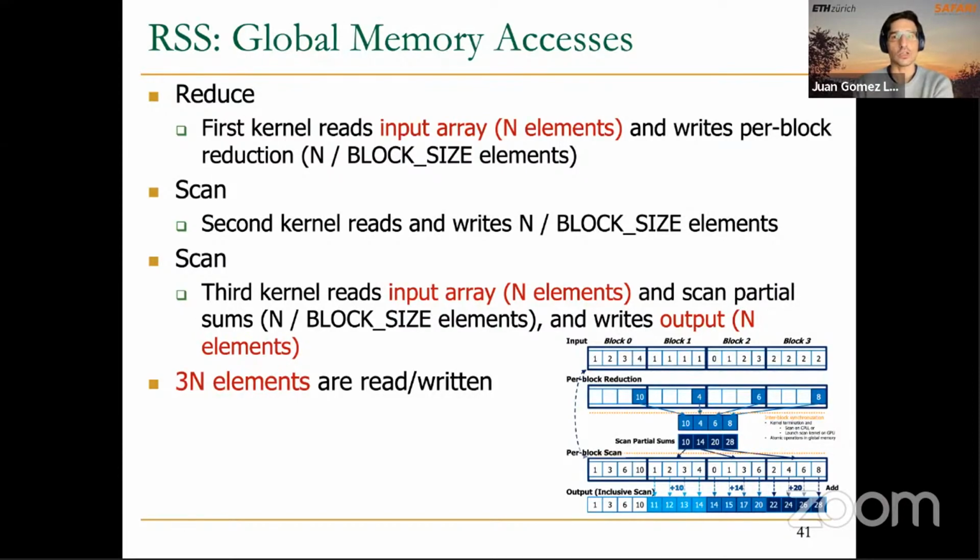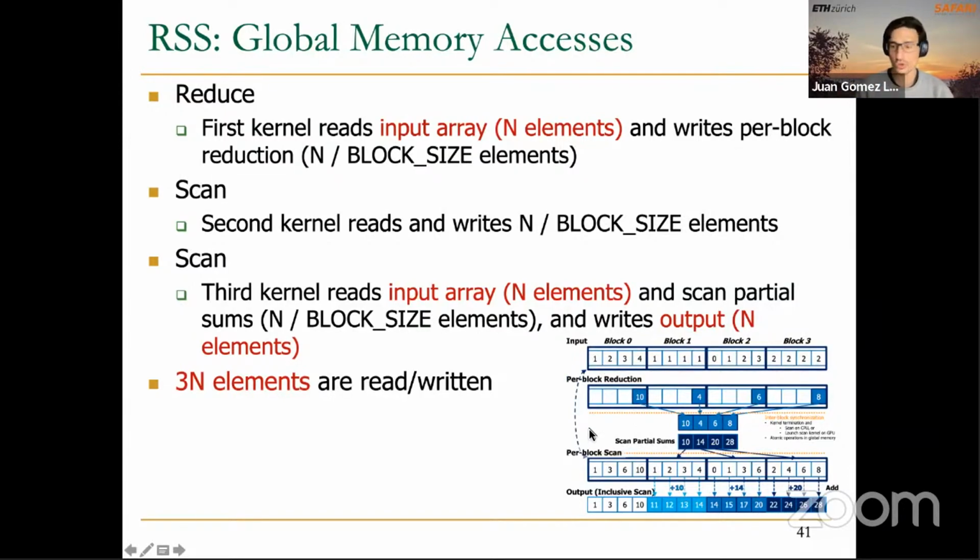As you can imagine, in principle, we can expect that this RSS is faster, right? But that will depend on the size of the arrays and maybe other considerations as well.